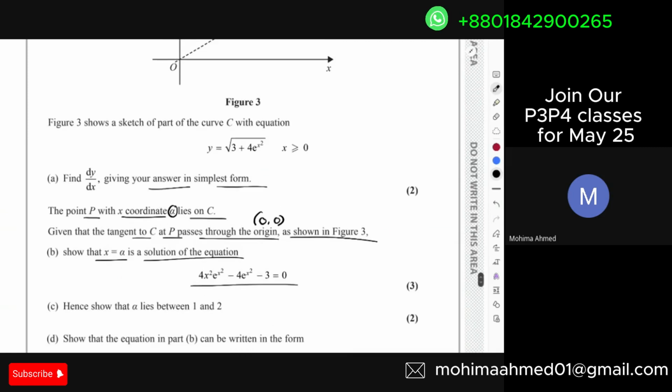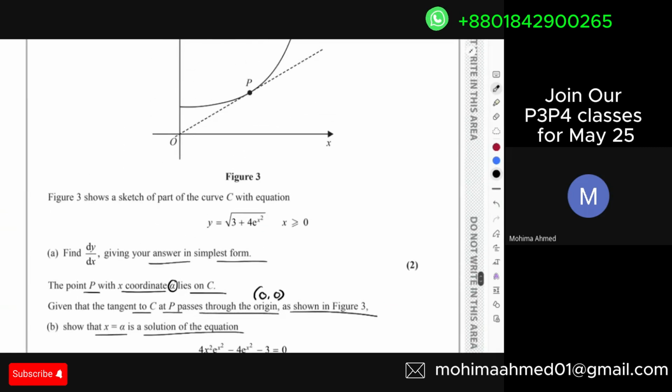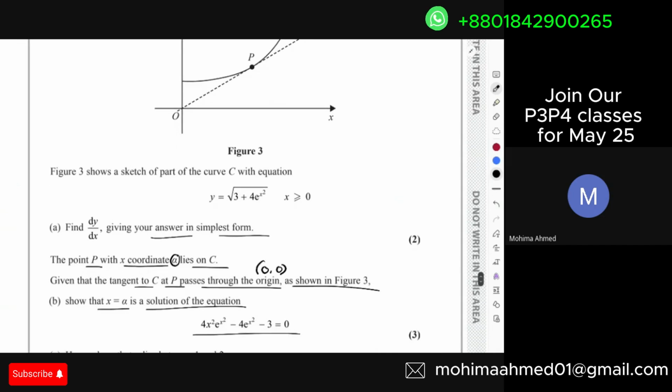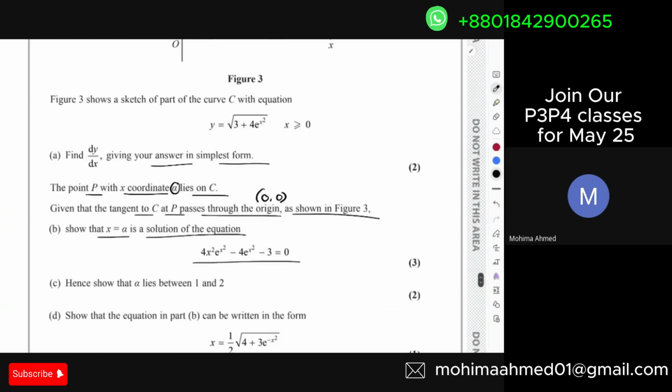Wait, one minute. Tangent passes through origin, right? x equals alpha is a solution for this equation.